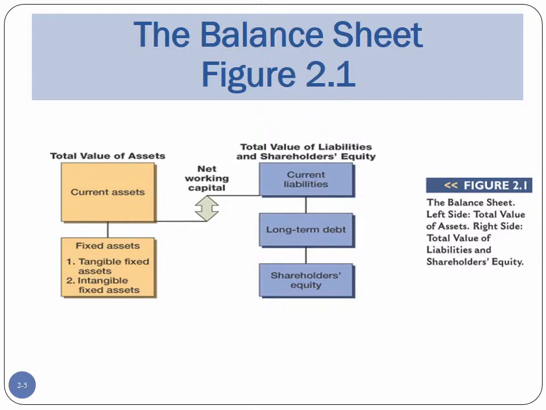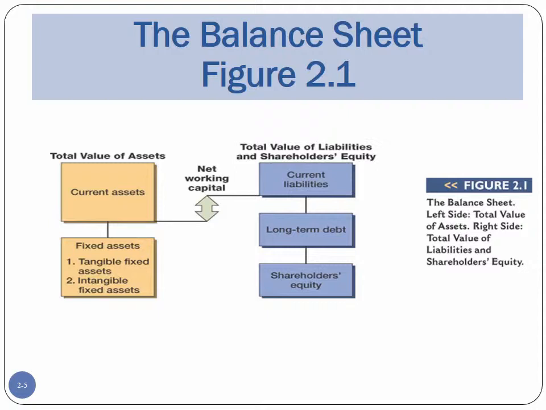If we look at figure 2.1, this is a pretty good figure. We can see that the total value of assets consists of current assets plus fixed assets, tangible fixed assets and intangible fixed assets. And these are used to generate net working capital. And we use some of this in our current liabilities. But if we look at our liabilities, we can see that they're similar to the assets.